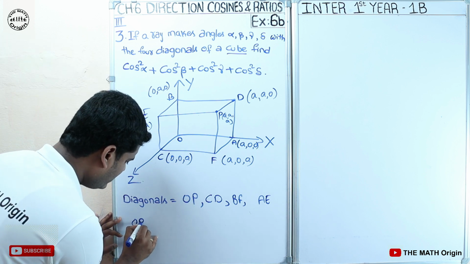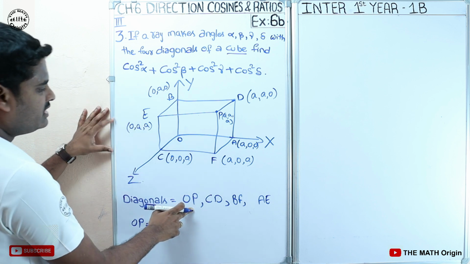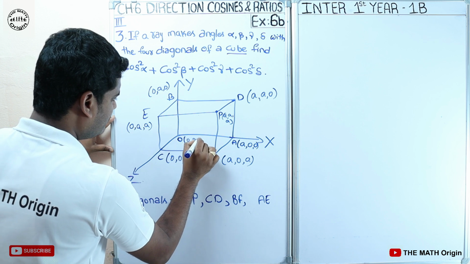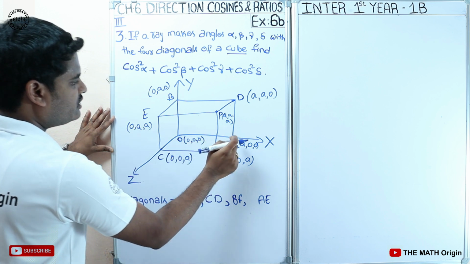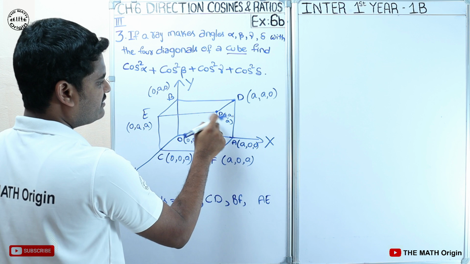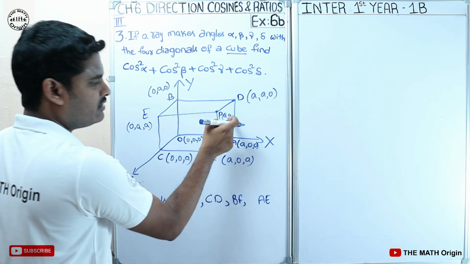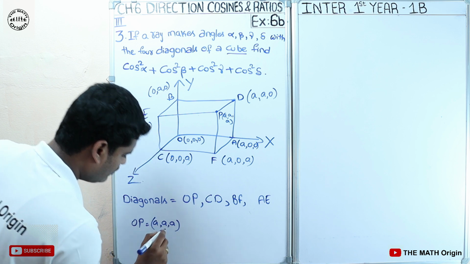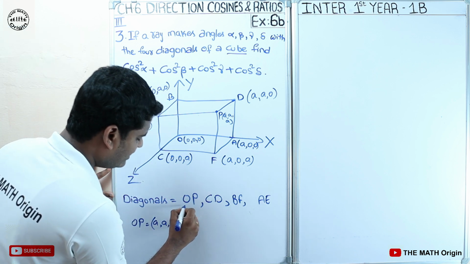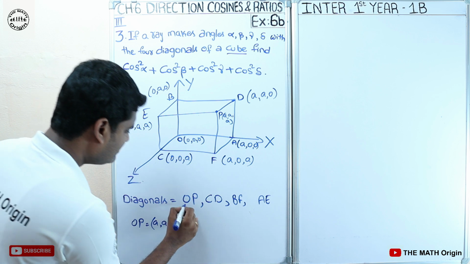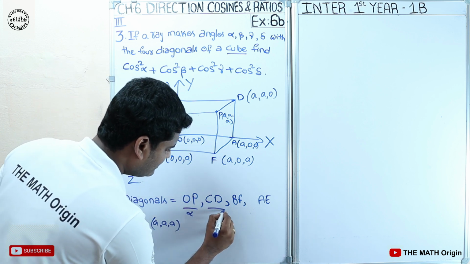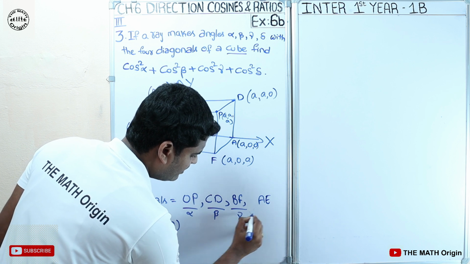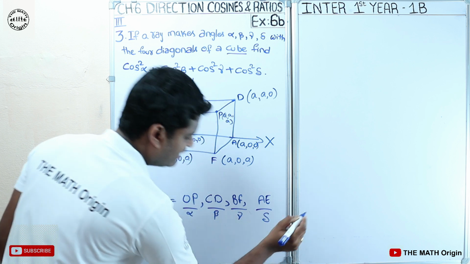As it is from the origin (0, 0, 0) to the point P, it is x2 minus x1, a minus 0, a minus 0, and a minus 0, which is a, a, a. OP is a diagonal making an angle alpha, CD makes the angle beta, BF the angle gamma, and AE the angle delta.